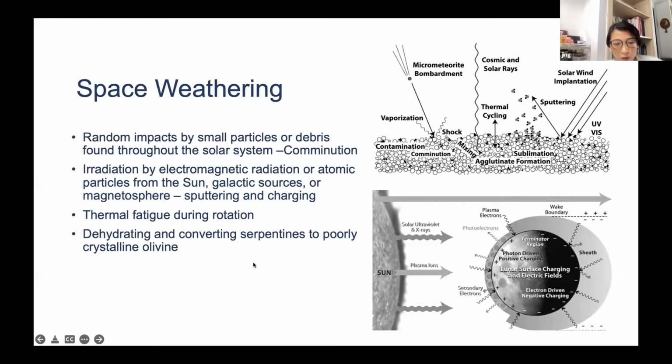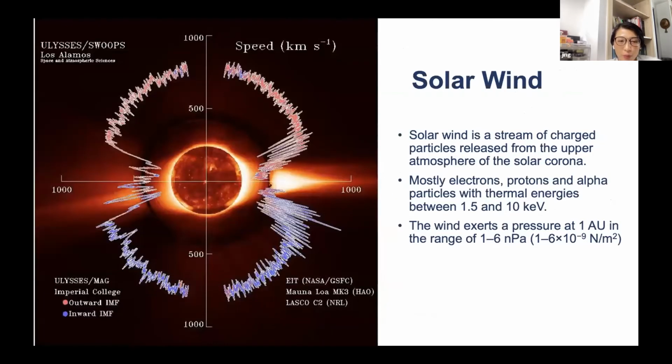And the dehydration process on water-rich asteroids such as C-type, Bennu and Ryugu can convert serpentine to polycrystalline olivine, which also helps to break down the particles into small ones. With all these processes combined, the final result is that the bigger boulders are slowly broken into small grains.